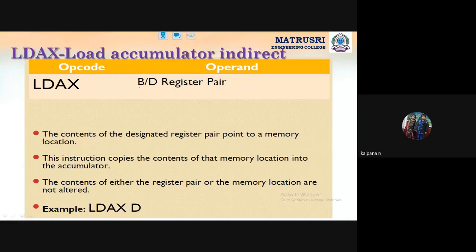So here we won't mention BC, we will just mention B, and it will consider BC. In the LDAX syntax we must compulsorily use a register pair only, not a single 8-bit register.